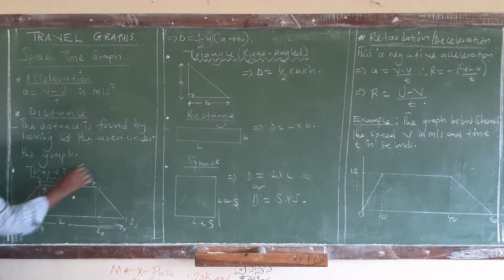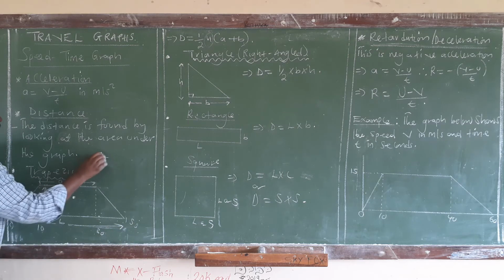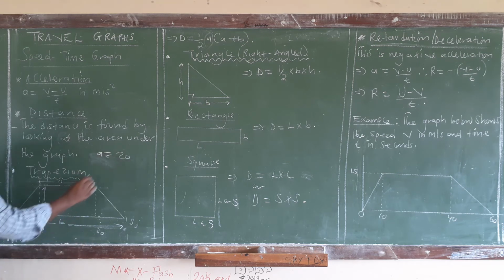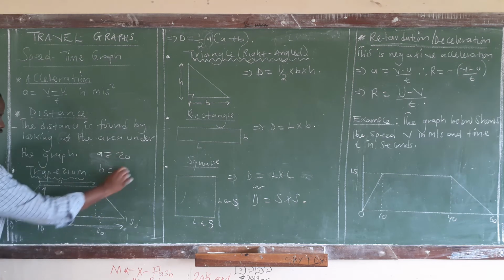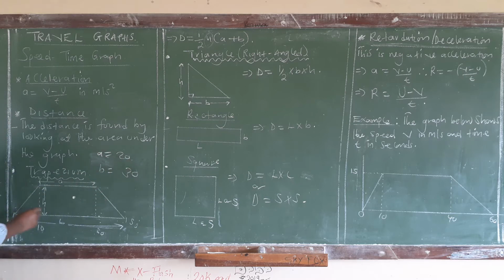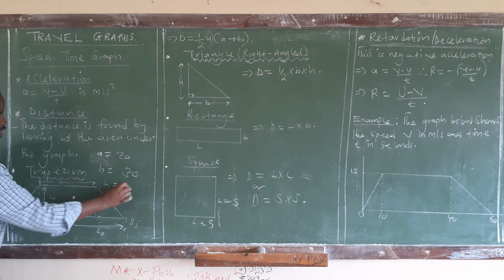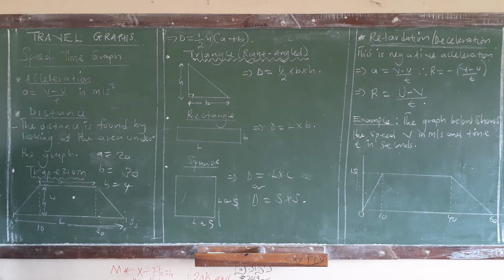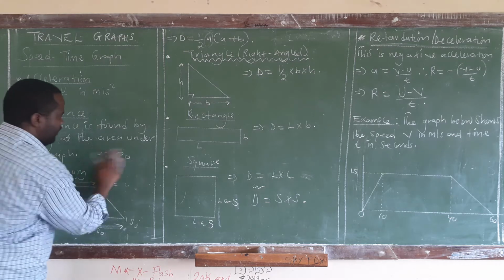So your A becomes 20, your B becomes 50, and suppose our height is 4, so h becomes 4. Then you take these and plug them into the formula. I hope it's clear.